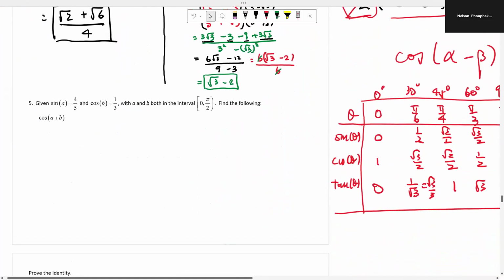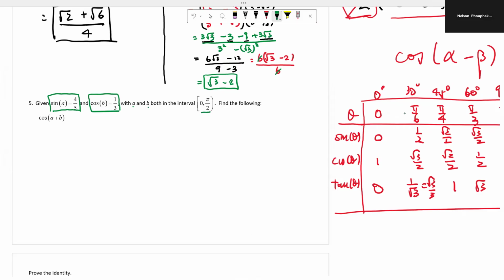Now look at number 5. In this problem, we have sine of A equal to 4 over 5, cosine of B equal to 1/3, and both A and B are in quadrant 1.